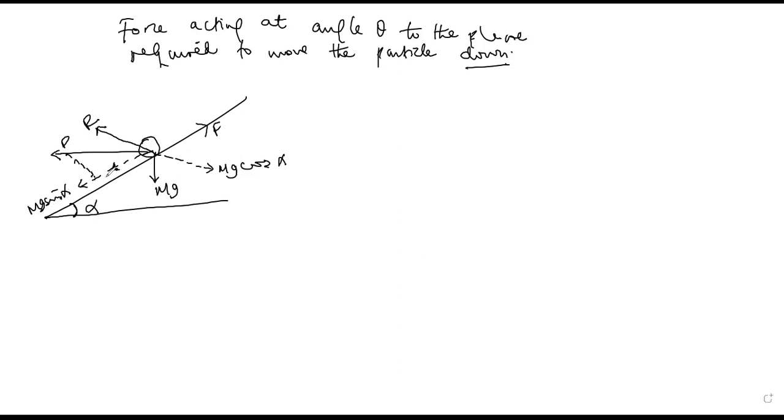So here I have my P cos theta. Then this P will keep a supplement to R, P sine theta. Implying that now I can resolve very well, isn't it?